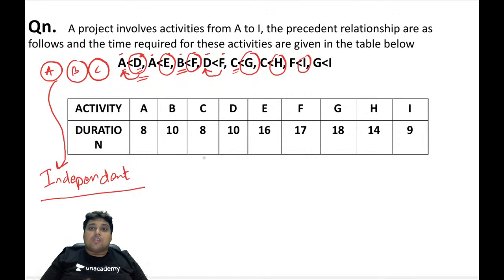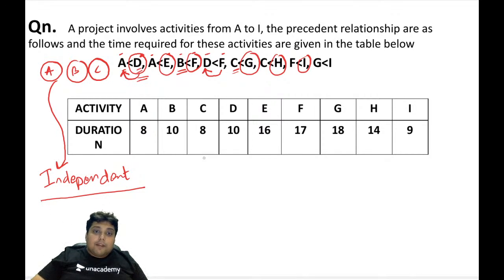What I am trying to say is, if I have just a thought of constructing a house, remember this thing. A, B, and C are those activities which can be performed simultaneously and at the very start.